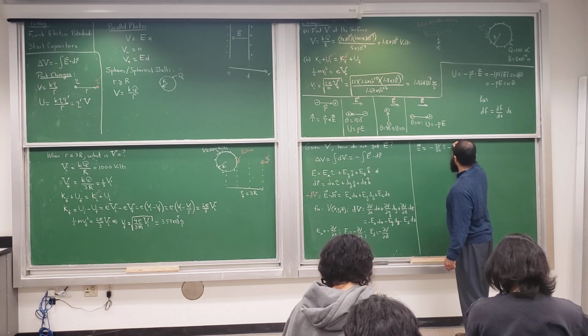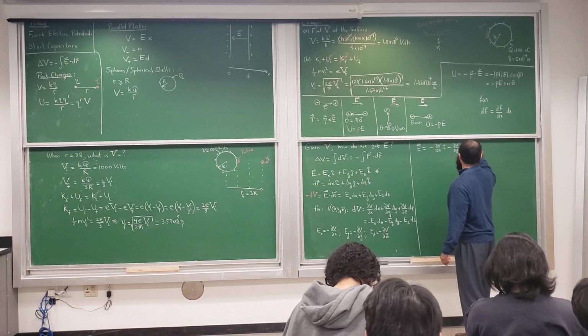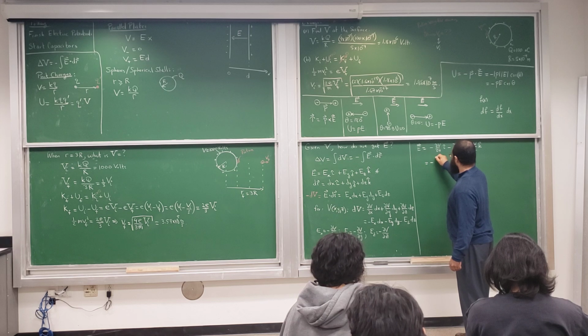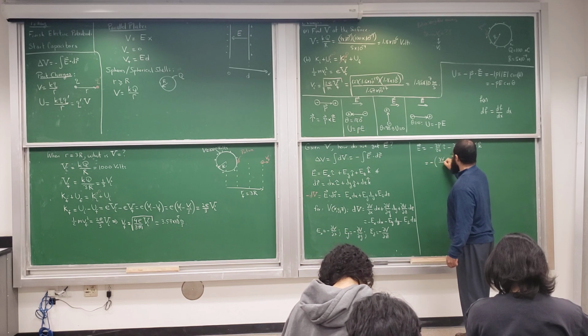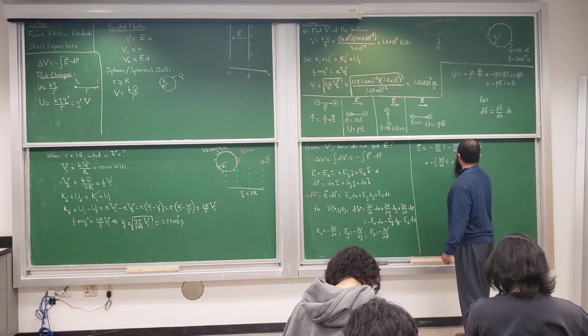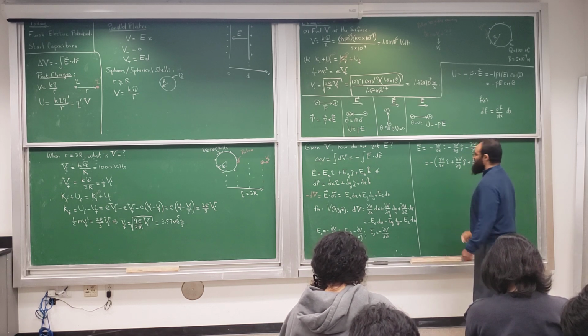And then Ey is going to be minus dV/dy j hat, minus dV/dz k hat, right?